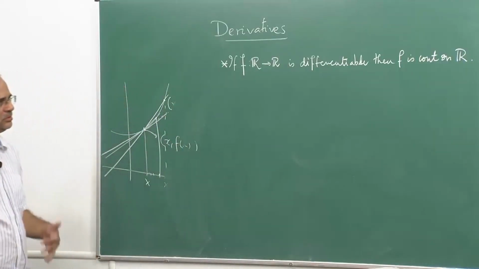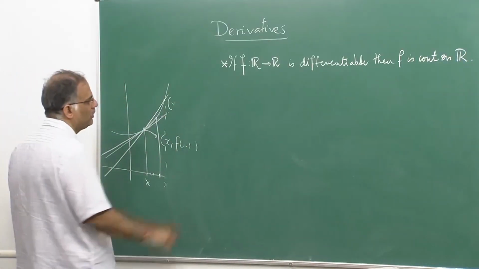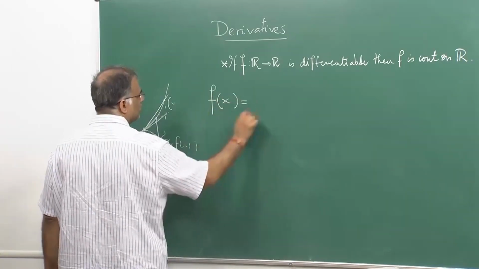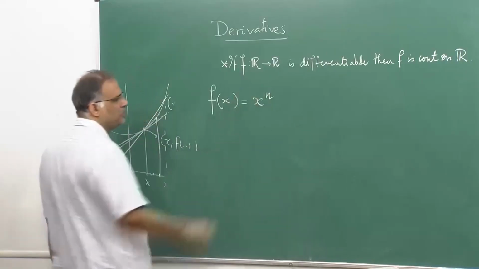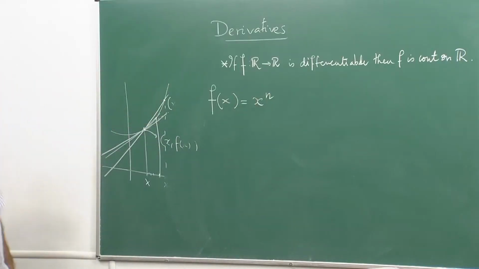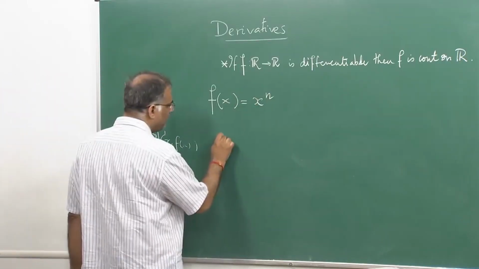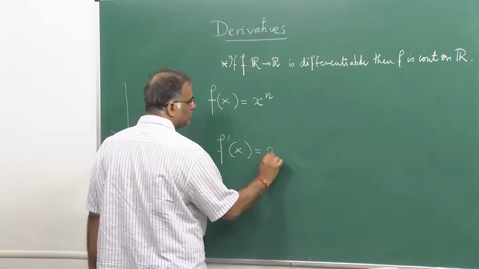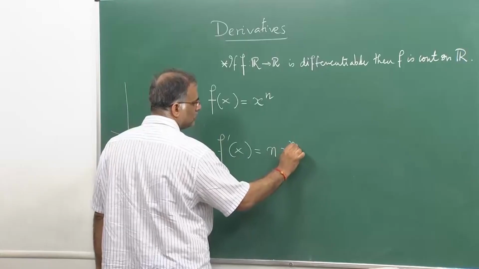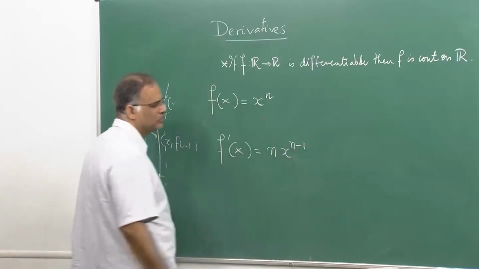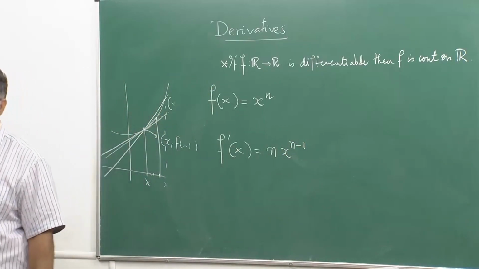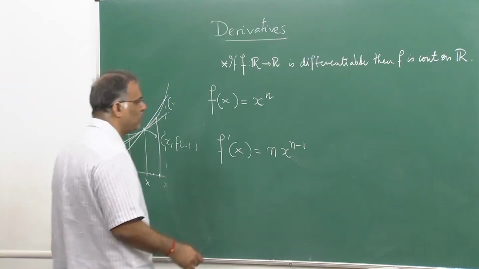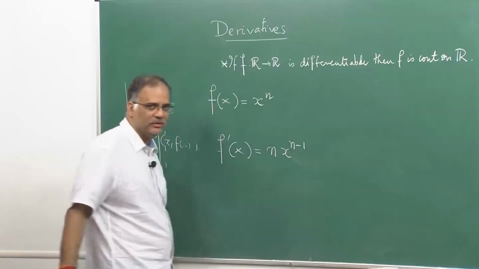Now, the second point is how to calculate. For example, one of the simplest functions for which you are asked to find the derivative is x to the power n. When you find the derivative, people immediately and blindly use the formula. So, how do you calculate this from the first principle, and what should be the value of n for which this is valid?